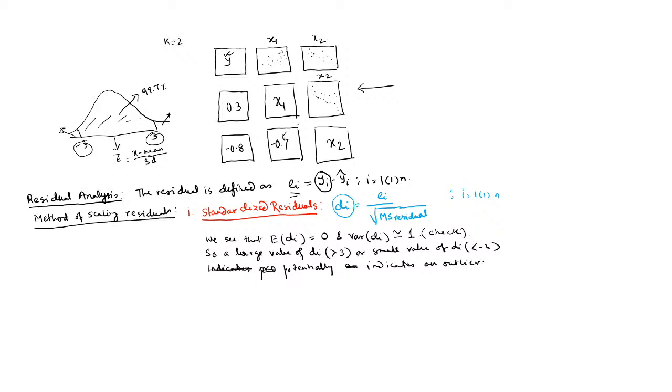So if you convert your Ei to Di and find some value greater than 3 or less than -3, then you may consider this value an outlier.